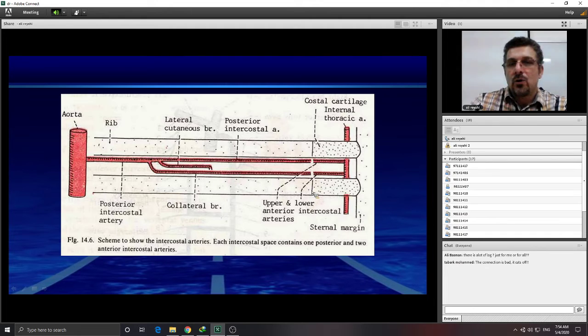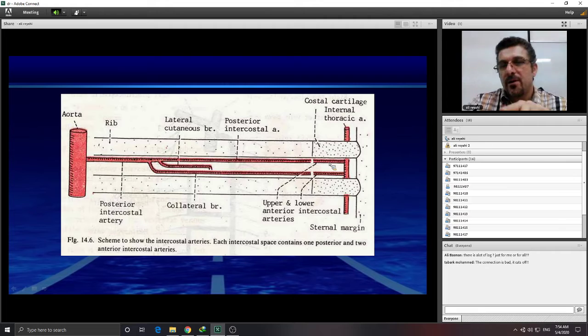At the costochondral junction, between the costal cartilage and the rib, this vertical line, we've got anastomosis between the main trunk of the posterior intercostal artery and the superior anterior intercostal artery.